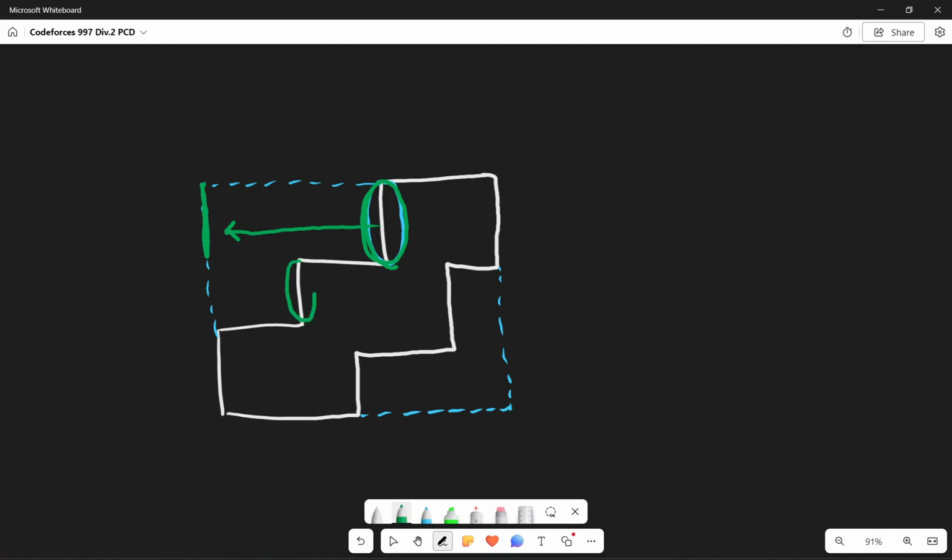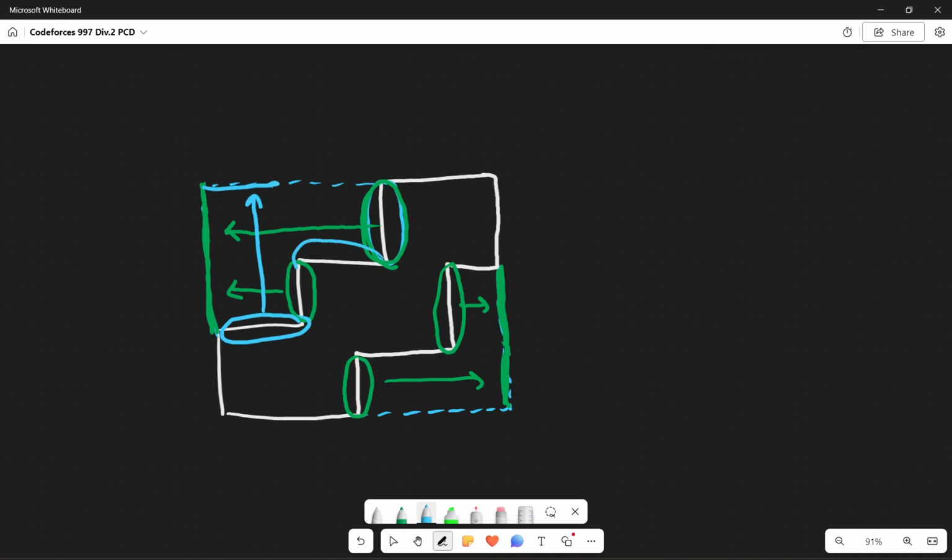Similarly, I will take this line to the left till here. I will take this line here, and I will take this line right here. Similarly, I'll do it for the horizontal lines. Take this thing upwards.